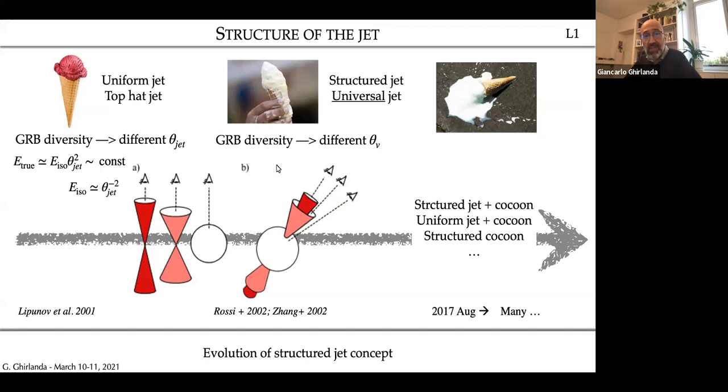The interesting point of this model, which was first described and developed in detail for the prompt and afterglow emission in GRBs by these two papers, is that the observed diversity of GRBs can be interpreted, within the limits of some details, as due to a different viewing angle, much like the variety of AGN sources.